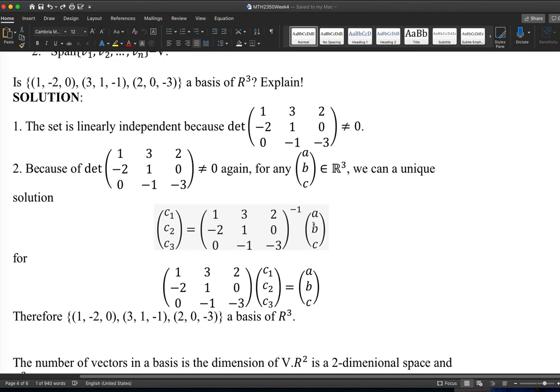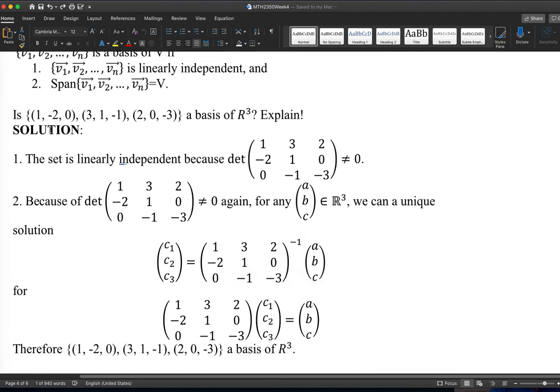Which means any vector a, b, c can always be written as a linear combination of those 3. So indeed, I'm saying this entire set is a basis. And also, if we go a little further, what is the dimension? It is 3. The dimension of the vector space R3 must be 3.